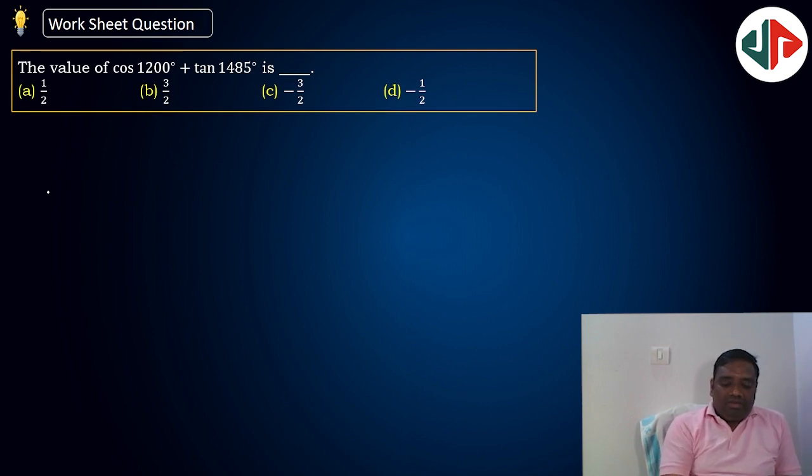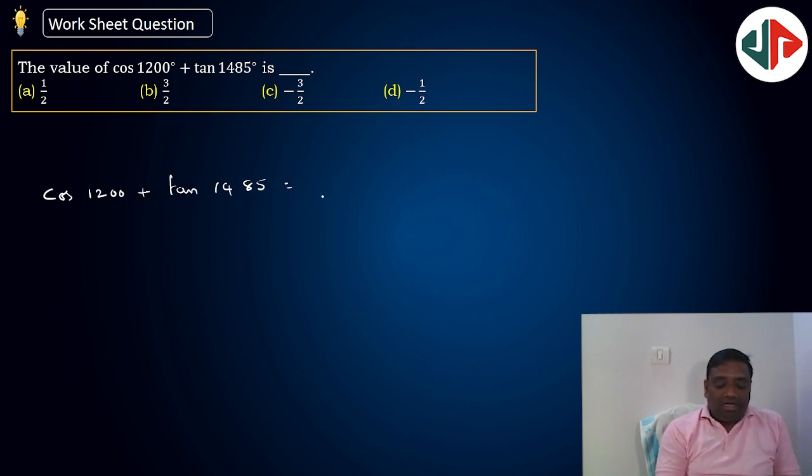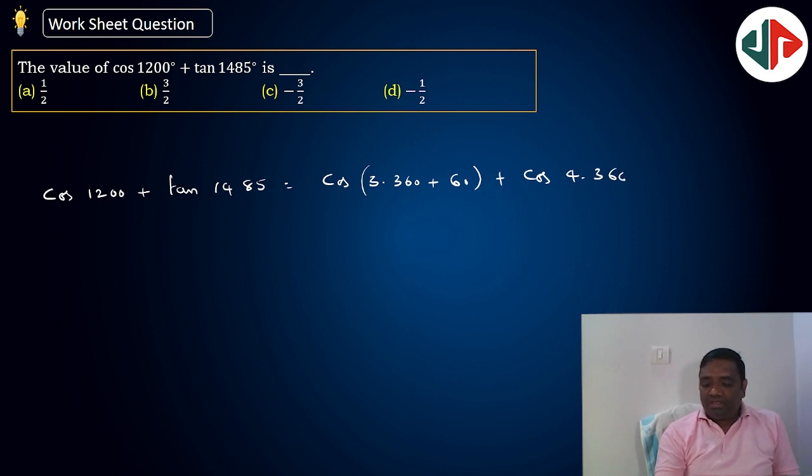And trigonometric values here. Cos of 1200 degrees plus tan of 1485 degrees. This value we can rewrite as cos of 3 times 360 plus 60 degrees, and this we can rewrite as 4 times 360 degrees plus 45.